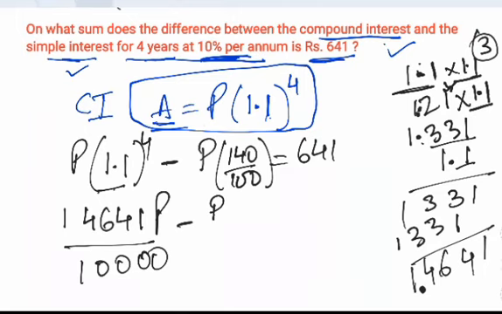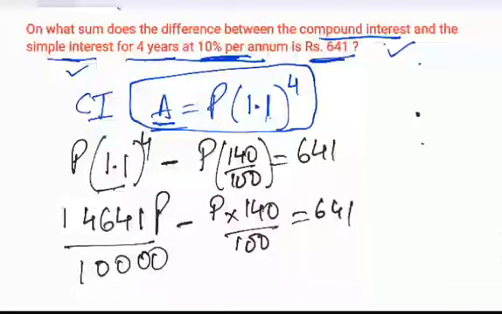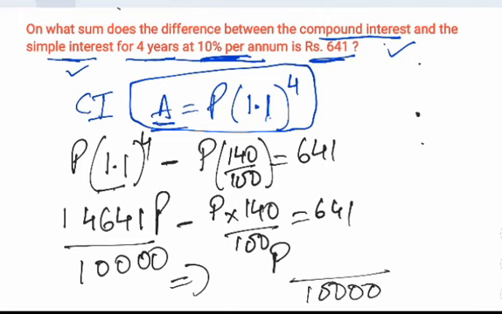So we'll remove the point and put it like this, into 140 upon 100 equal to 641. So P we would take as common. Now this would become 10,000.